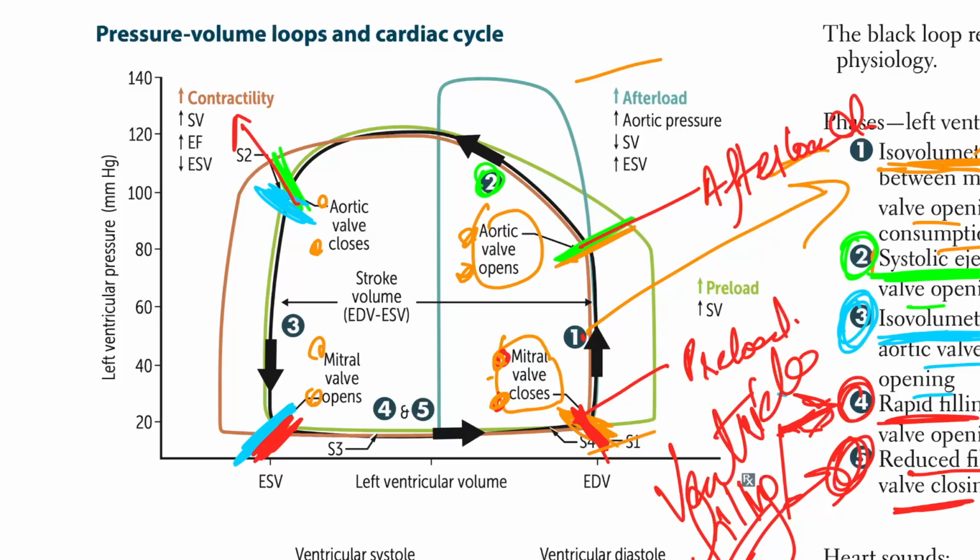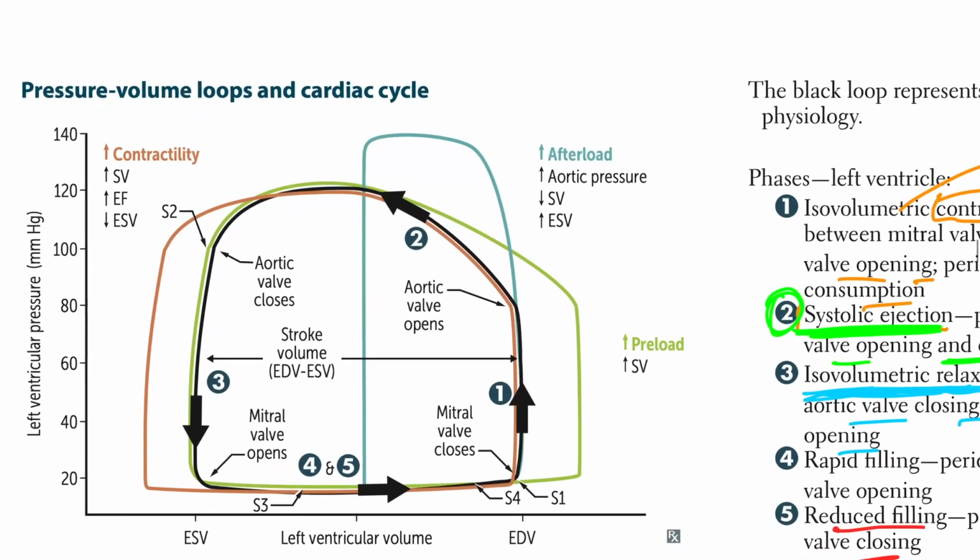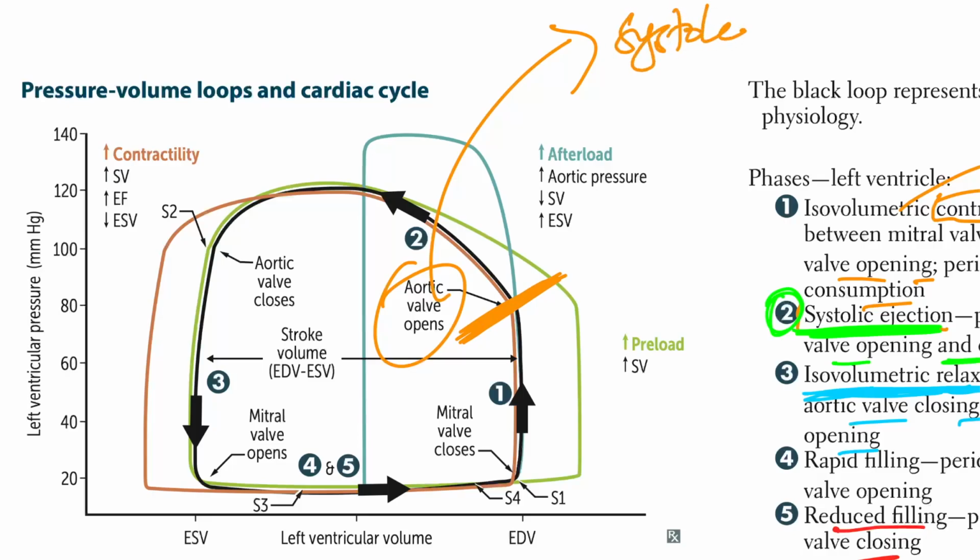Okay, one more point. Let's erase all of this now and talk about one more point here, which is also important. When this aortic valve opens right here, this is systole, right?